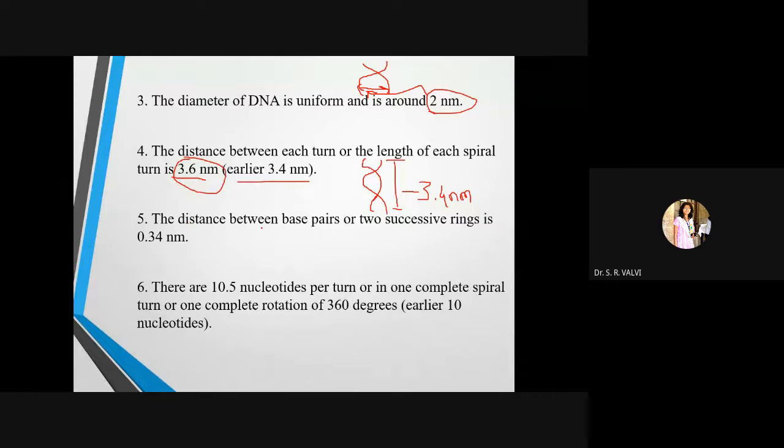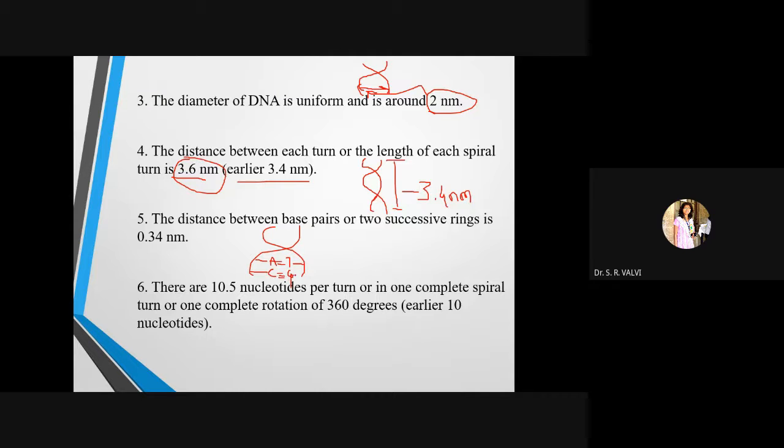Now, the distance between base pairs, or two successive rings, is 0.34 nanometer. Suppose this is the DNA, this is one base pair. For example, adenine is going to pair with thymine, and another pair is cytosine, which is going to pair with guanine.